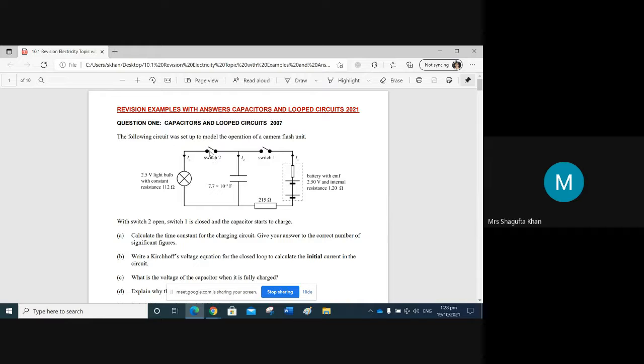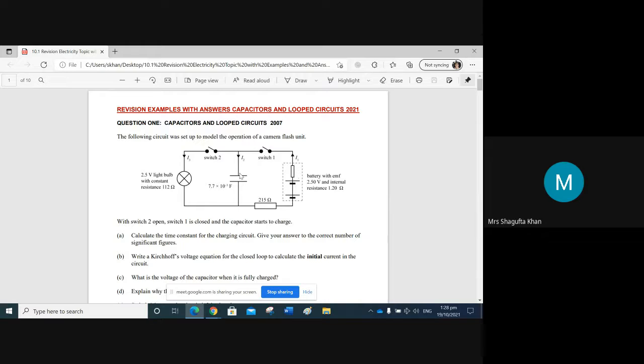Let's say both switches are initially open, then only this switch is closed. When this switch is closed, current from the battery will flow like that and come around in this circuit. Initially current will be maximum, just like the graphs that we have discussed.